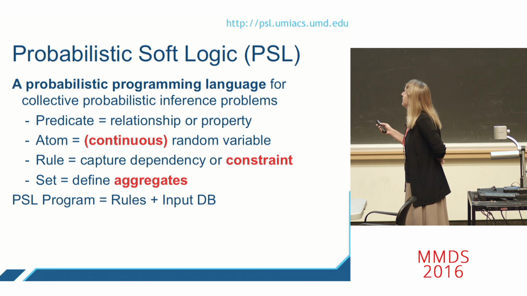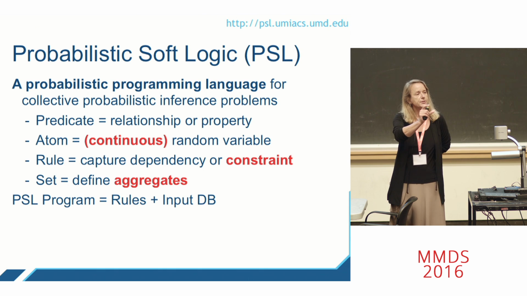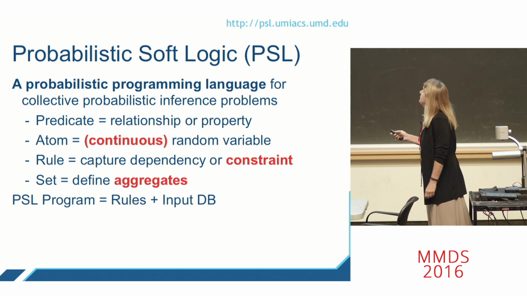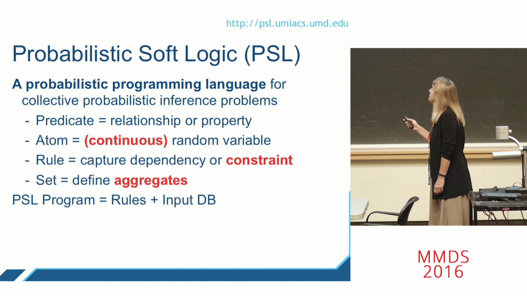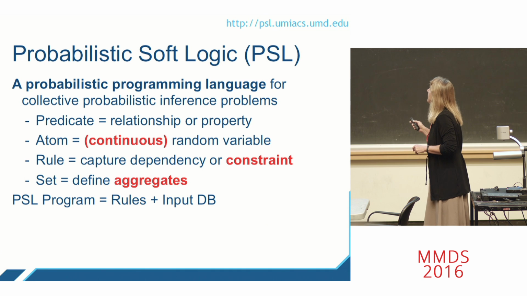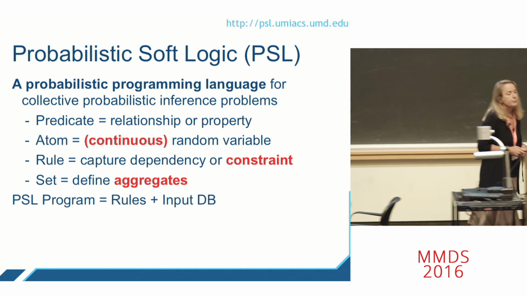We're going to have predicates which can represent either attribute values or else the relations, so the links or the ties. We're going to have rules that capture probabilistic dependencies and logical dependencies and other useful things like aggregates and so on.